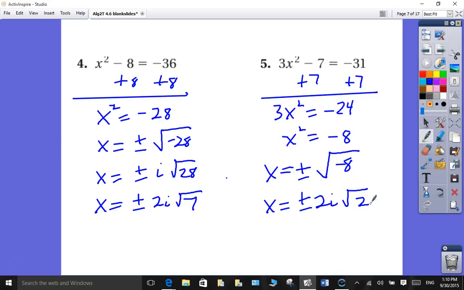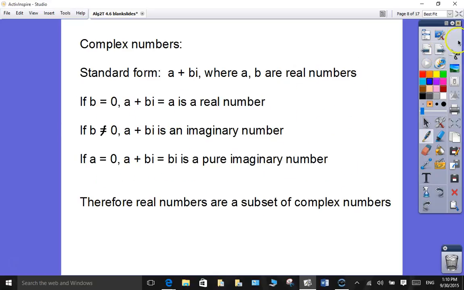Now, in both of those cases, the last slide and this slide, we got an answer that was one term, and the term had an I in it, right? The bigger set of numbers, the thing that is the title of this lesson, is called complex numbers. And complex numbers don't just have an imaginary term. They could also have a real term, right? Now this is a standard form of a complex number.